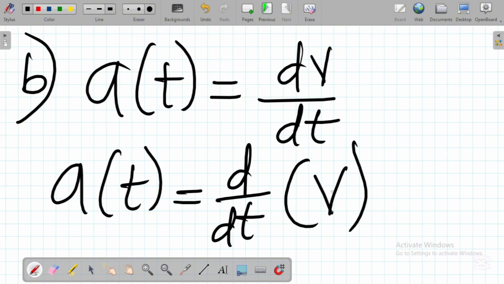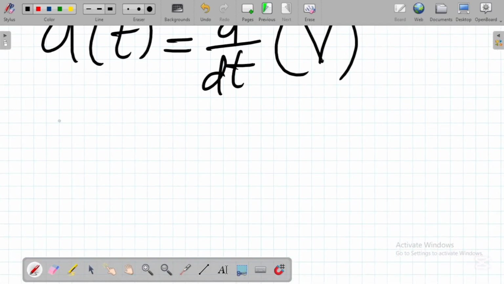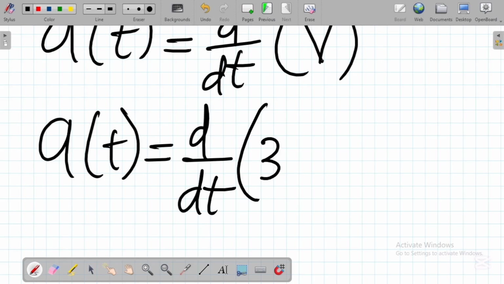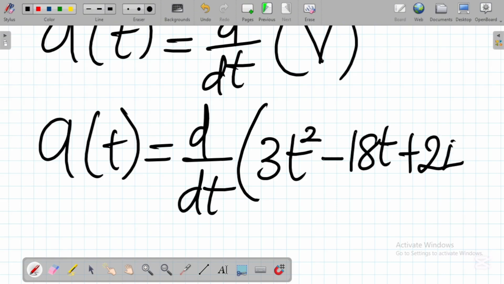Remember, acceleration is equal to rate of change of velocity. Now let's substitute into the equation. We have a of t equals d all over dt multiplied by, substituting v, 3t raised to power 2 minus 18t plus 24.